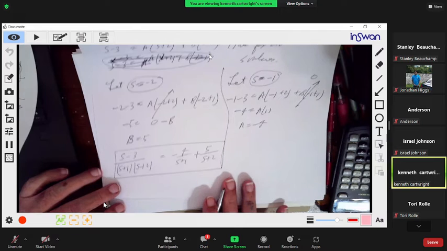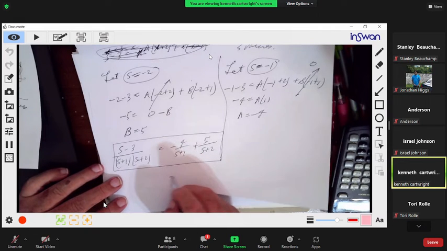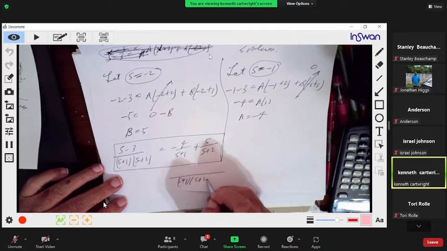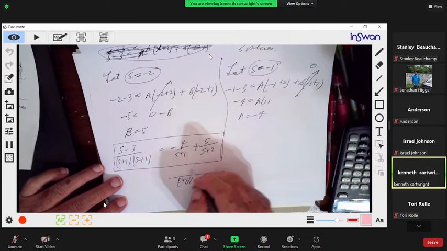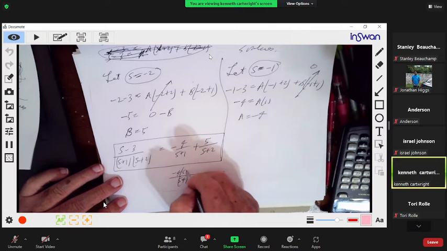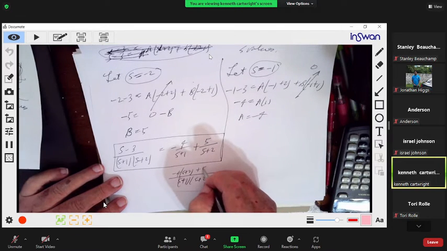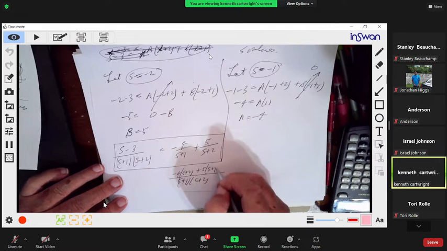And now let's check to see if that's correct. So s plus 1 times s plus 2 goes how many times? That's negative 4 times s plus 2, and that goes 5 times s plus 1.